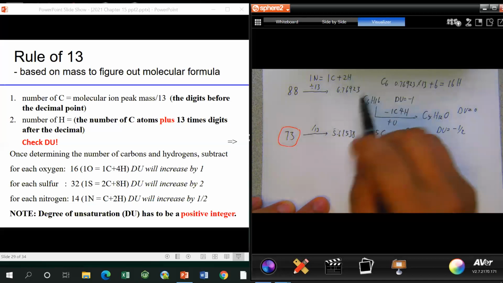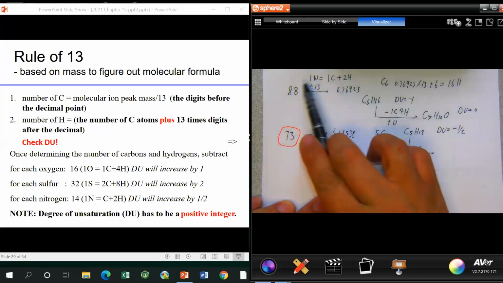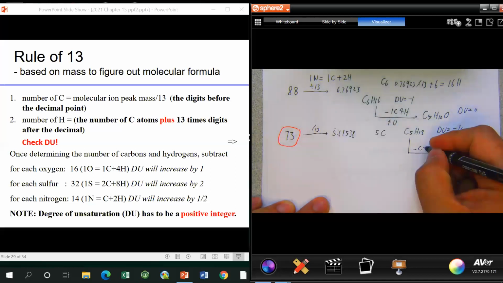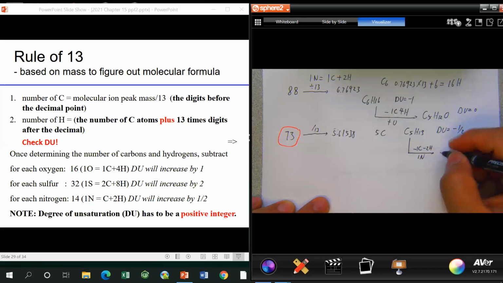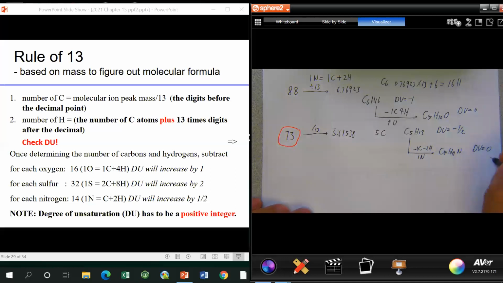Remember, one carbon plus two hydrogen equals one nitrogen. So one carbon and two hydrogen are replaced with one nitrogen. Then we get C4H11, and then you do the calculation, and it comes to 0. So that makes more sense.